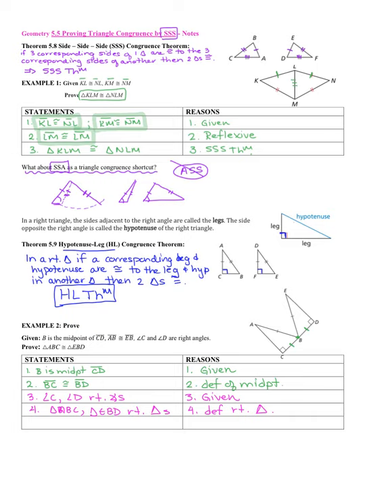Let's put down our last given, which was right here. They gave us that segment AB is congruent to segment EB, and that is already marked up on the triangle. So let's look at what we have here. We've got BC and BD.